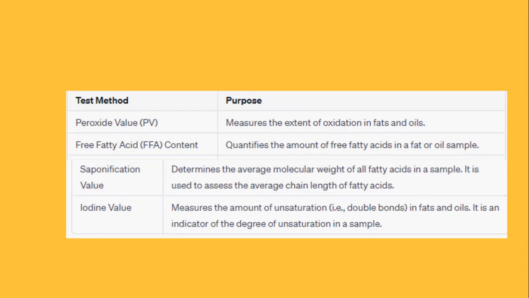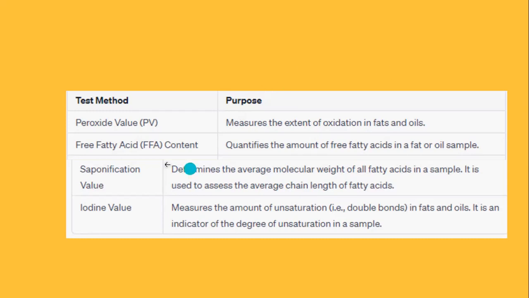When you keep reusing it, a lot of oxidation takes place, right? So how do you know the extent of this oxidation? How bad is that oil? You just go to a lab and do this peroxide test, and you will get the peroxide value, which measures the extent of oxidation. You know how much oxidation has taken place in these fats and oils.